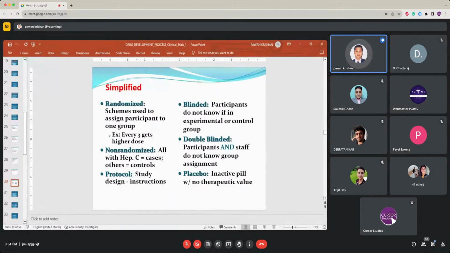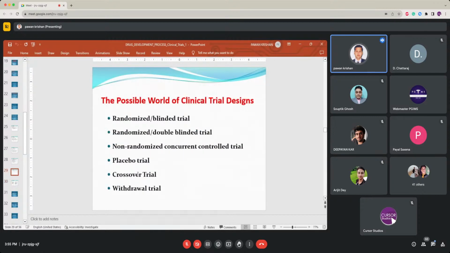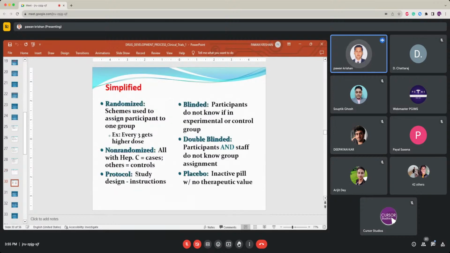There are different designs of clinical trials that are used, which include randomized blinded trial, randomized double-blind trial, non-randomized controlled trial, placebo trial, crossover trial, and withdrawal trial. So there are different types. I will discuss them briefly one by one rather than going into detail.